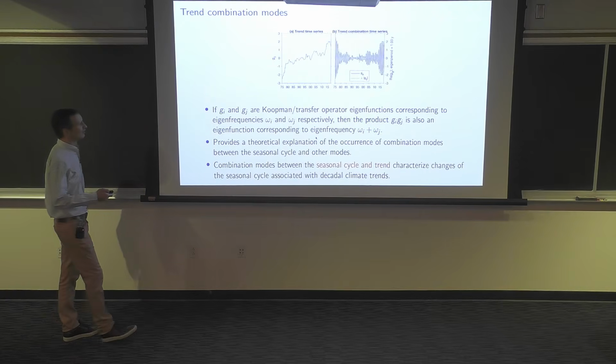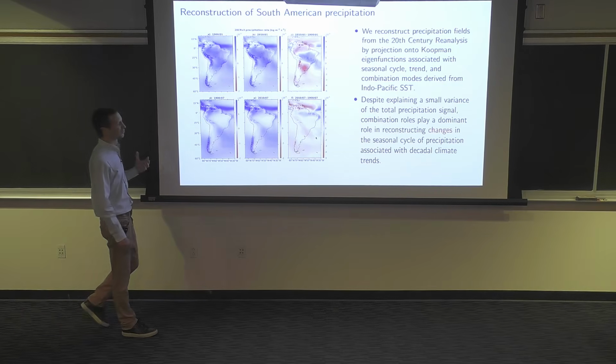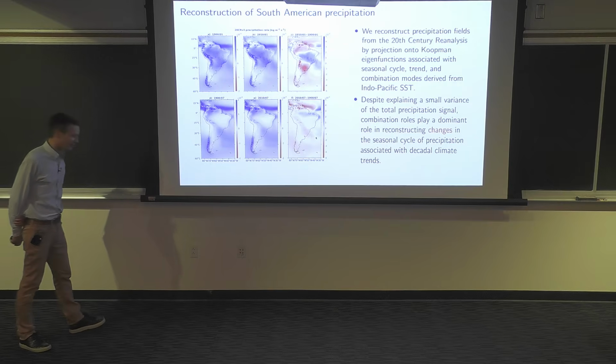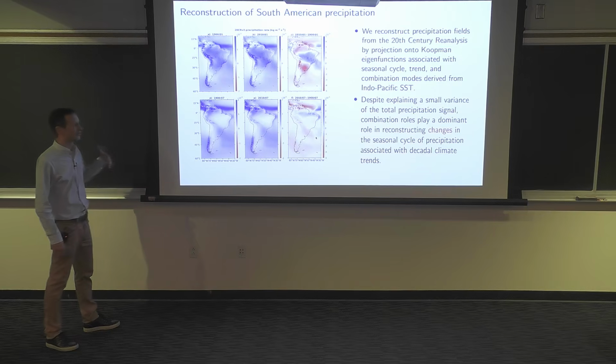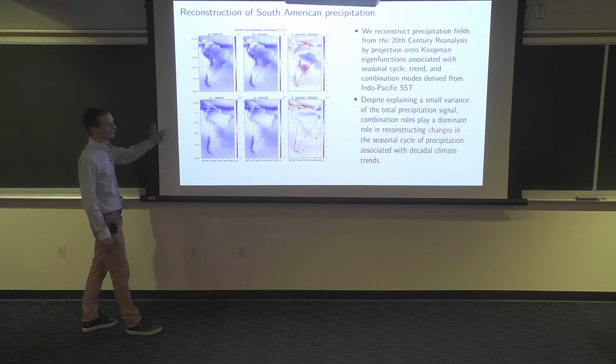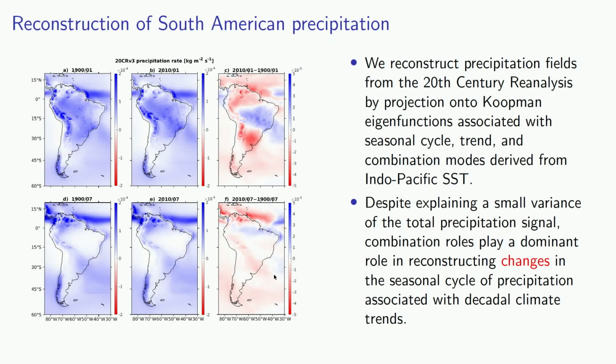And this can be useful, for instance, if you want to ask how the seasonal cycle of precipitation changed as a result of climate change trends, at least as attributed by this method. And so you can use these combination modes to build various types of reconstructions and composites. Here we did that over South America and identified how the seasonal cycle of precipitation changed as a result of the trend.